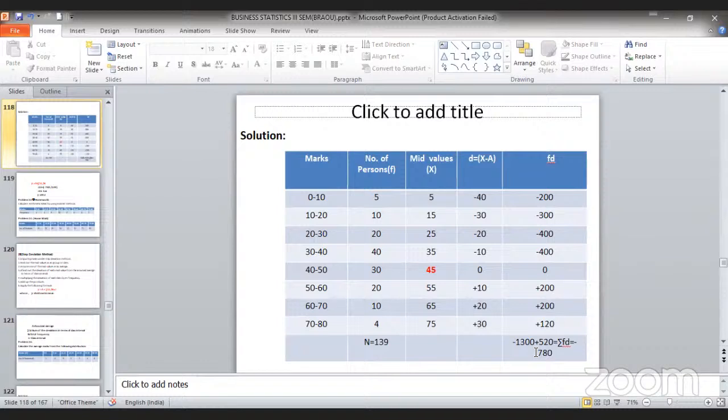Minus 780 only. Yes, you are fine with minus because minus value is more.